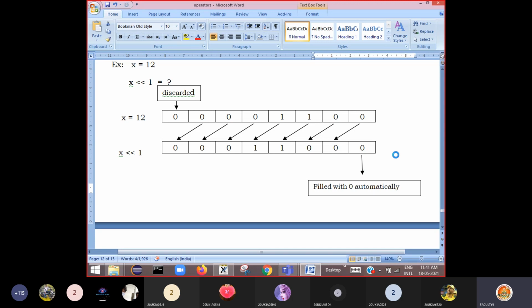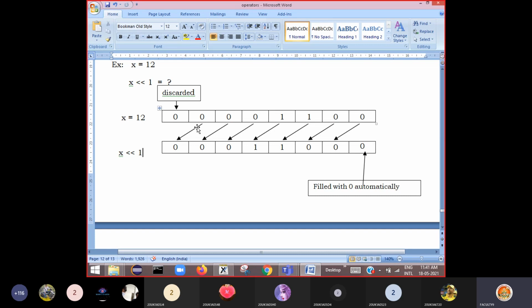Now you can see here, this bit position will be filled with 0 automatically. So I'll move this here. Right, now try to understand here. Now everything is shown clearly.